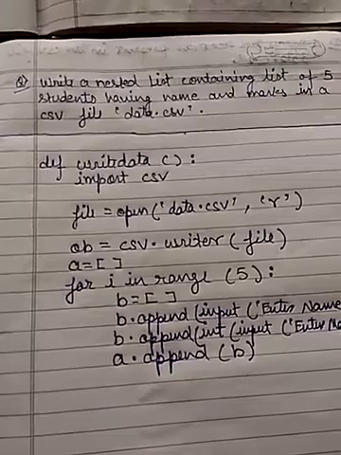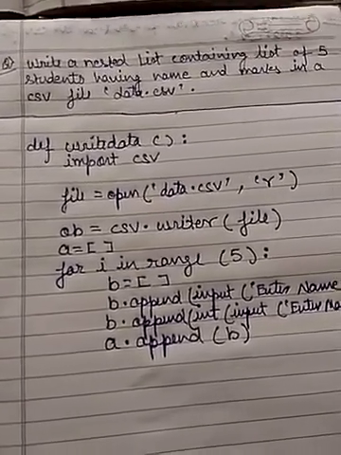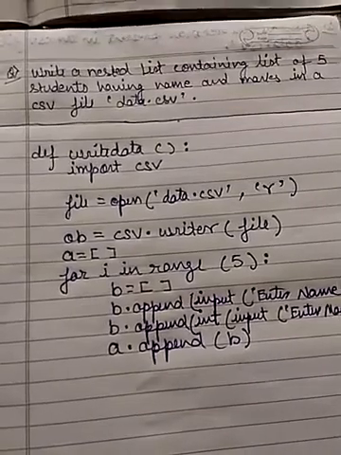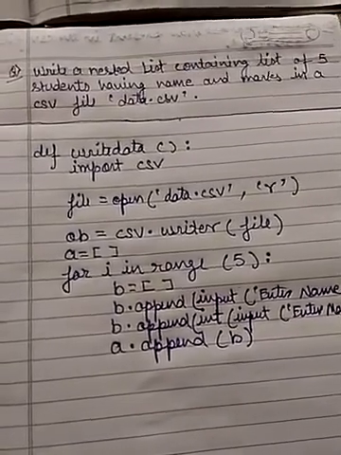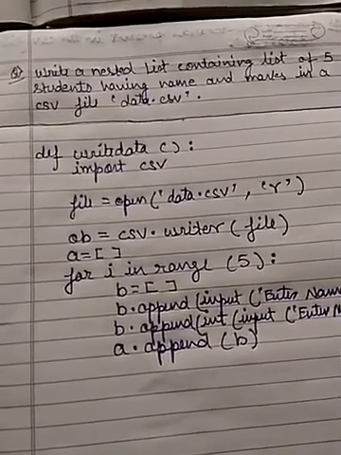Now we want to write this in the CSV file. So to write the nested list in the CSV file, we have to call the function writerows.